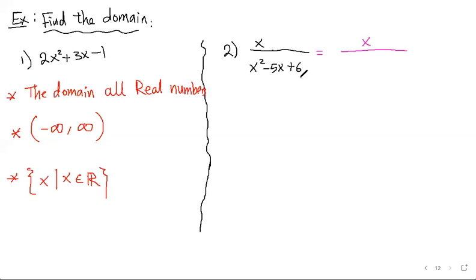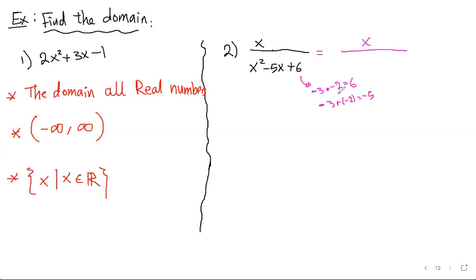Like the previous section, I'm looking for two numbers. The product of these two numbers gives me 6, and the sum of these two numbers gives me -5. If I choose -3 times -2, they give me 6. -3 plus -2 gives me -5.